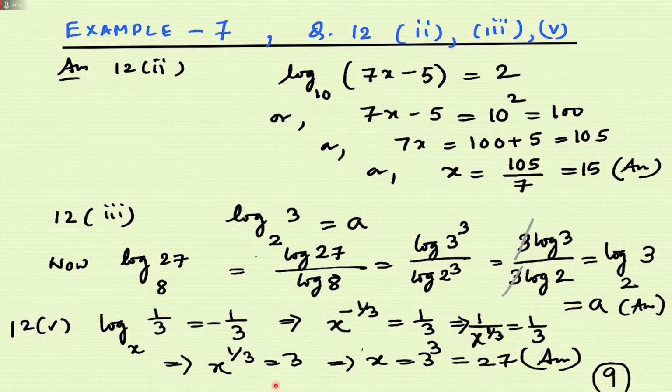So just reciprocate both sides, and you will have x to the power 1 by 3 is equal to 3. That means cubing both sides, you will find x is 3 cube. So 3 cube is 27. So your answer is 27, and it is in option A.